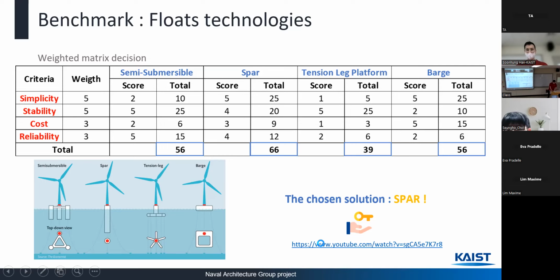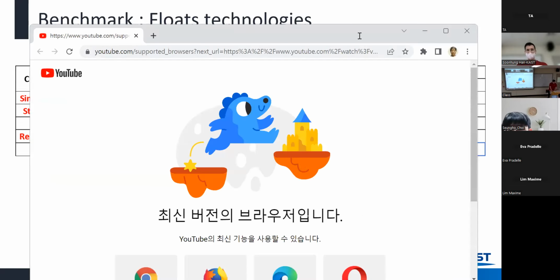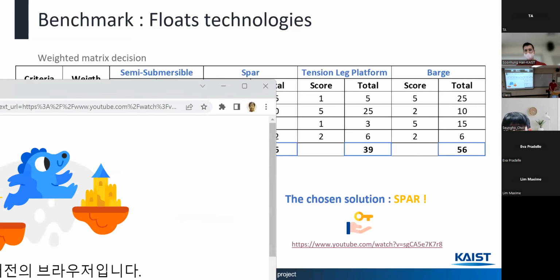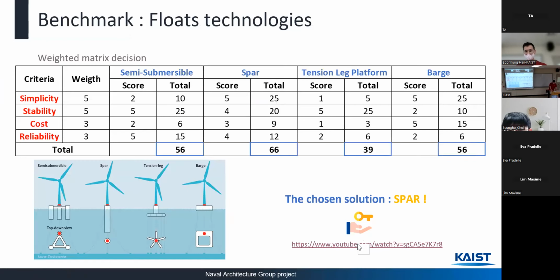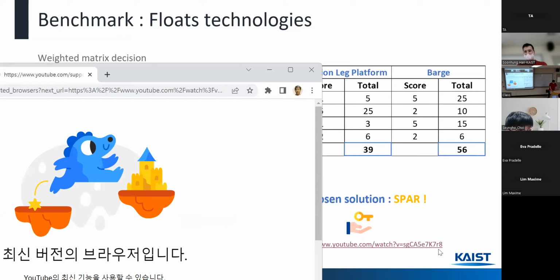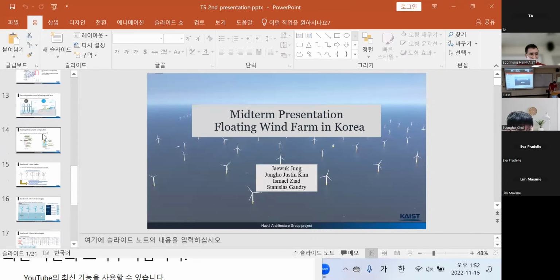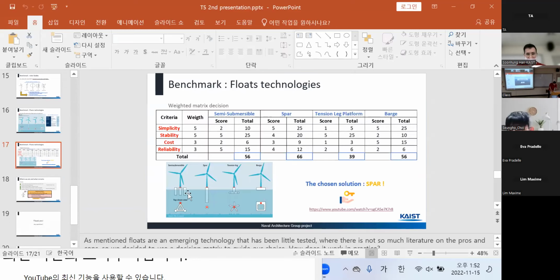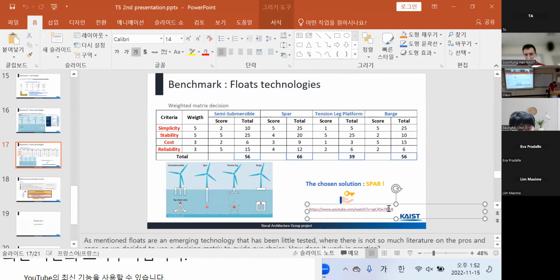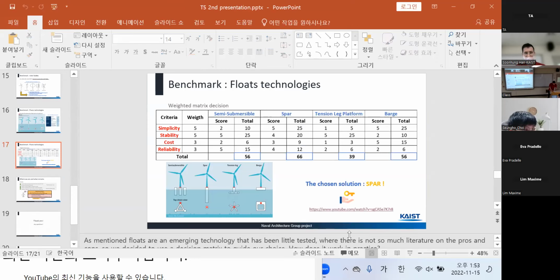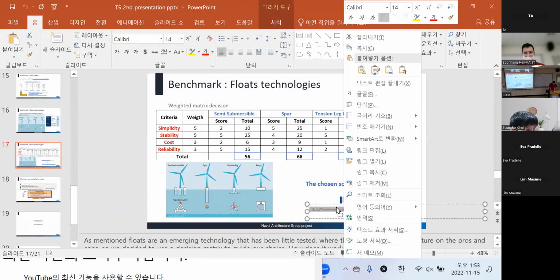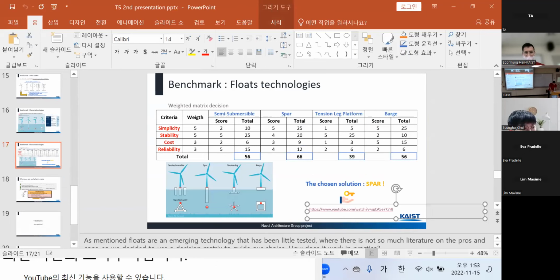So I will show you a little video. You need to escape first and then copy the link. Copy and paste. At the browser, web browser.